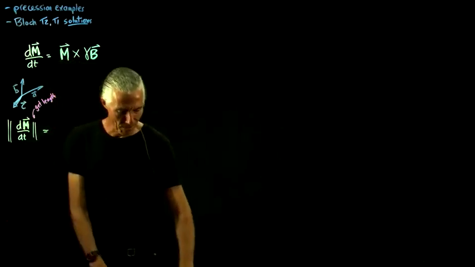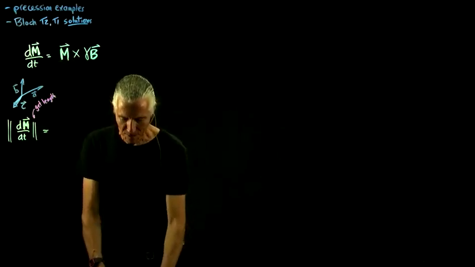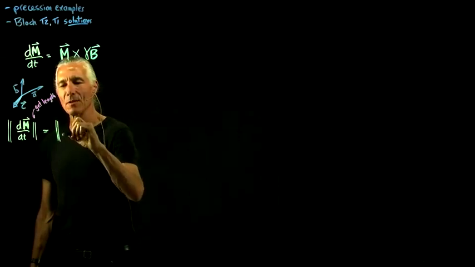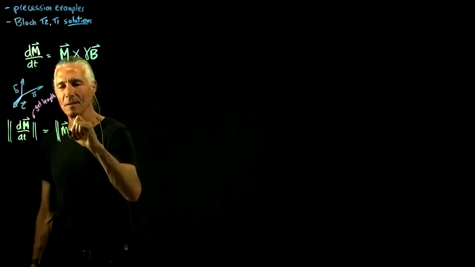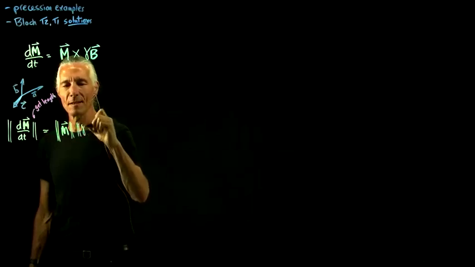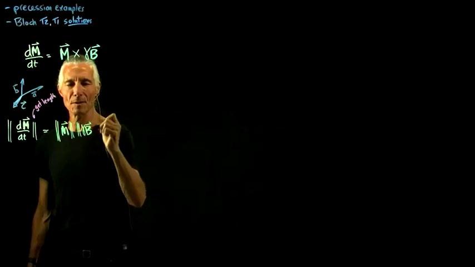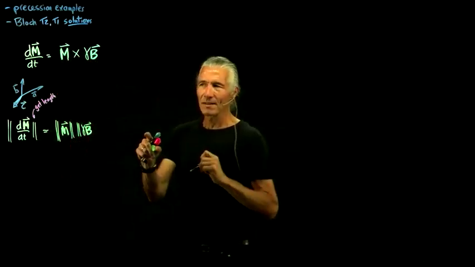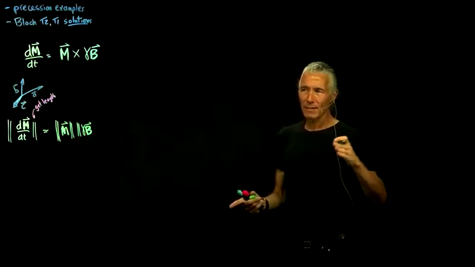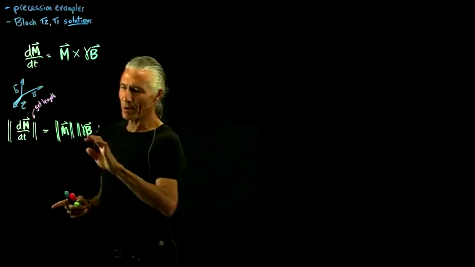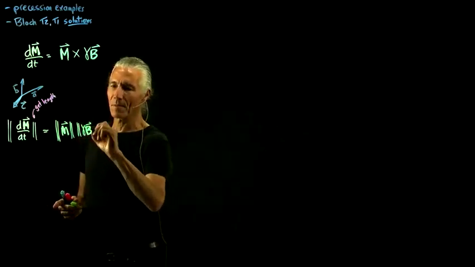And so the length of that update vector turned out to be equivalent to this simple equation, which was the length of the M vector times the length of that B vector, multiplied by the gyromagnetic ratio. When you multiply a vector by a number, it just stretches it.